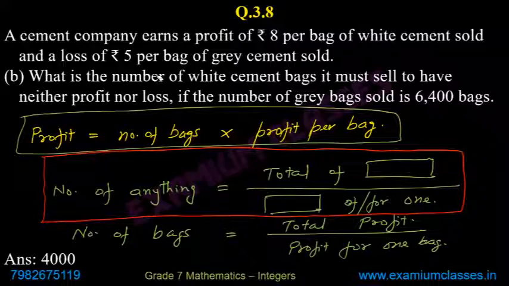Always this formula will work. Number of anything is equal to total of something divided by that something of or for one. Obviously, you have to identify according to the question what this part will be. If we are talking about area, it will be area, volume, volume. If we are talking about cost, cost. If we are talking about profit, profit, loss, loss.